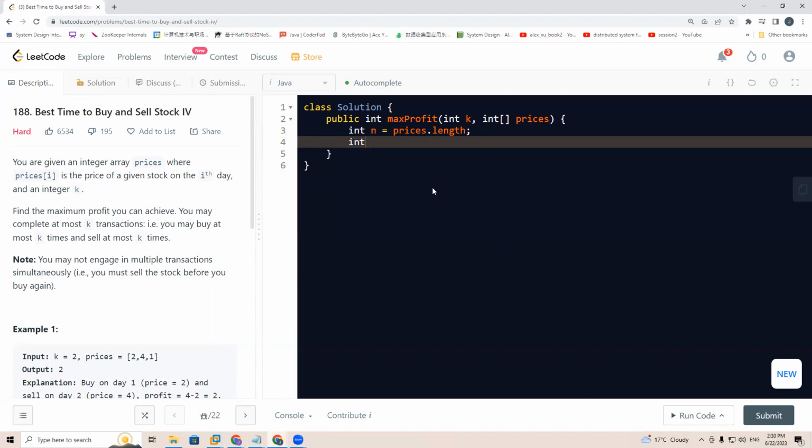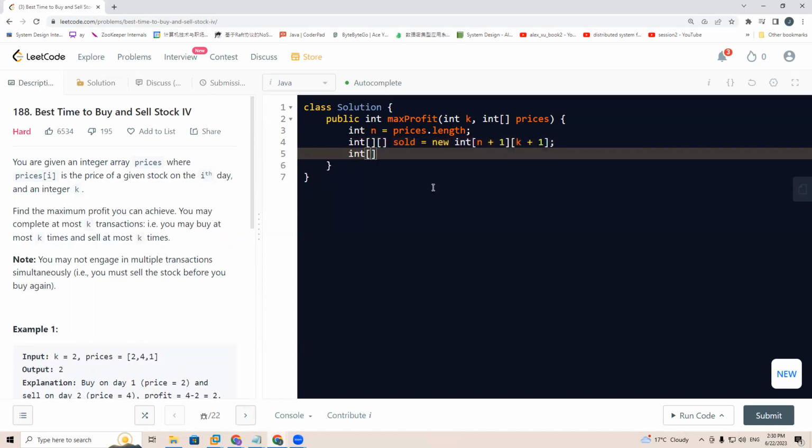One is called sold, and this one will be, for example, n plus 1 by k plus 1, right? And I'm going to have another array called hold.